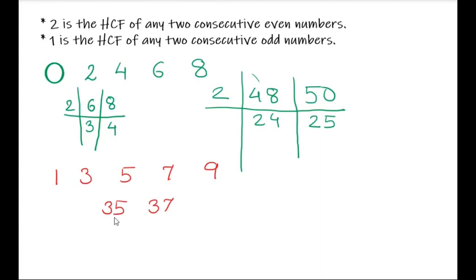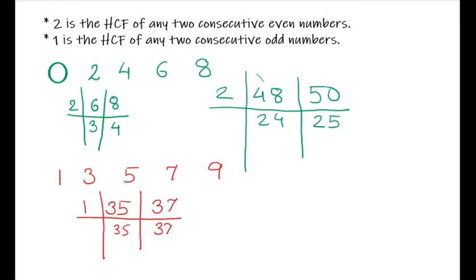No. 35 will come in 7's table and 5's table, but 37 will not come in that same table. So here the HCF will be 1. Yes, they are divided only by 1. 35 is 1 times 35, 37 is 1 times 37.